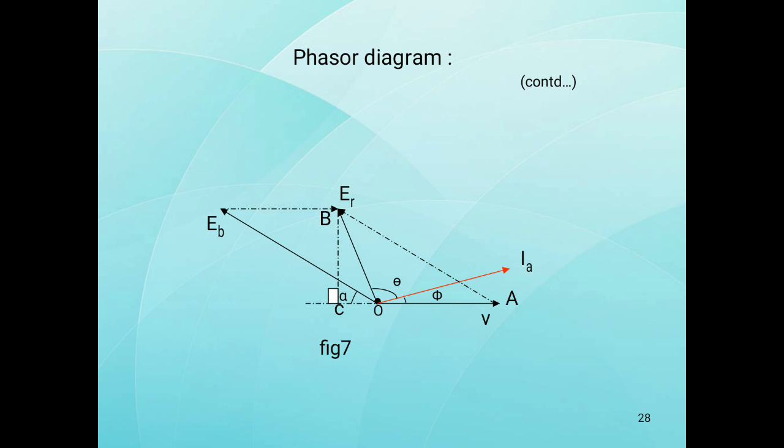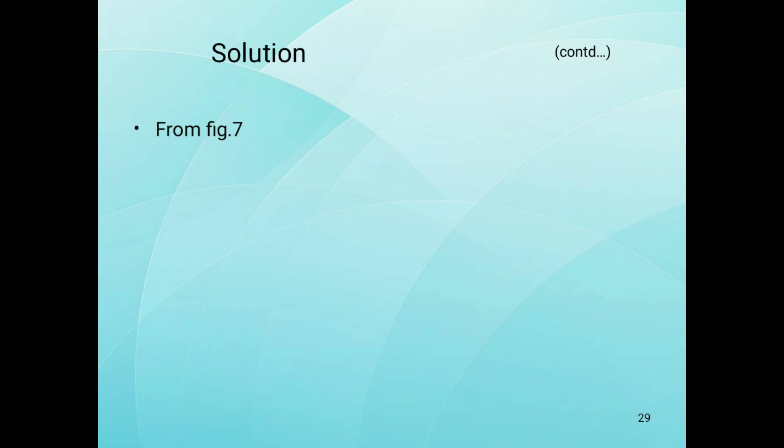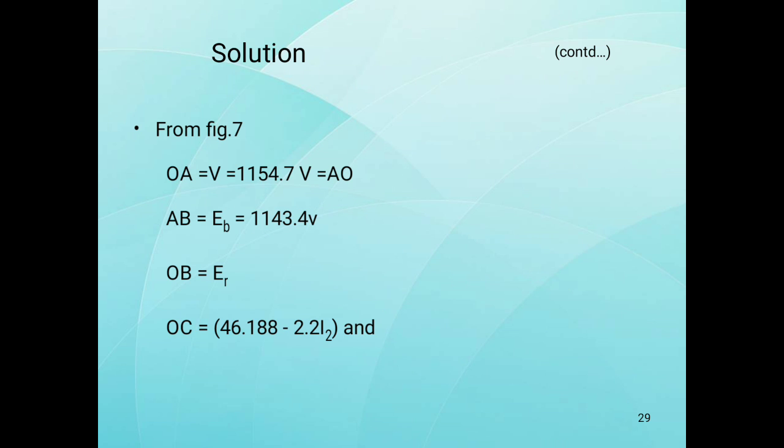Theta, phi, alpha. From the figure, phasor diagram, OA is equal to V, that is nothing but 1154.7 volts. AB is equal to EB, that is nothing but 1443.4 volts.